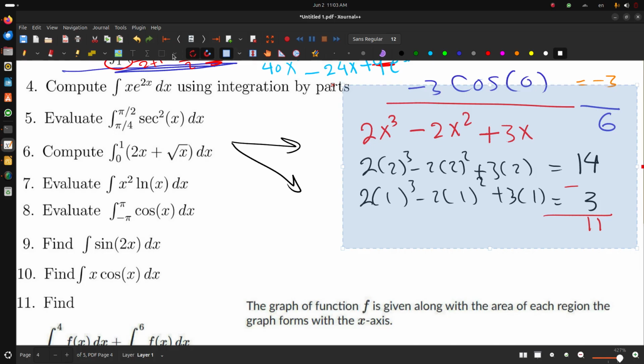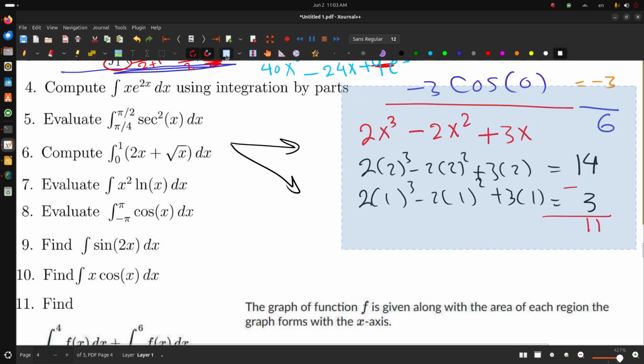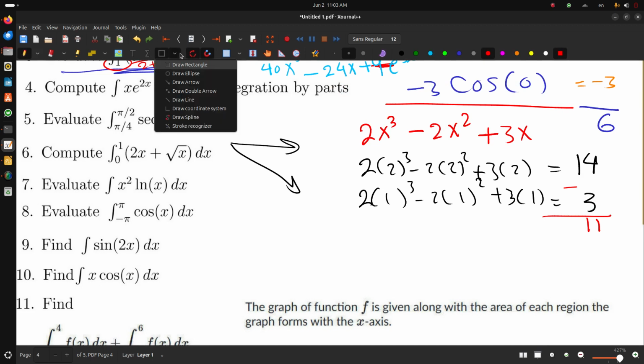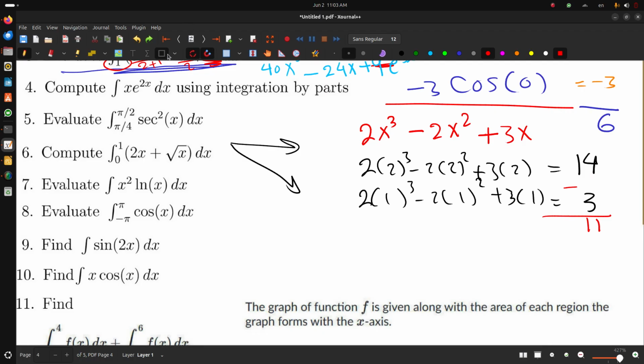No, so for that, okay, just a second. No. Okay, we need just an empty space.